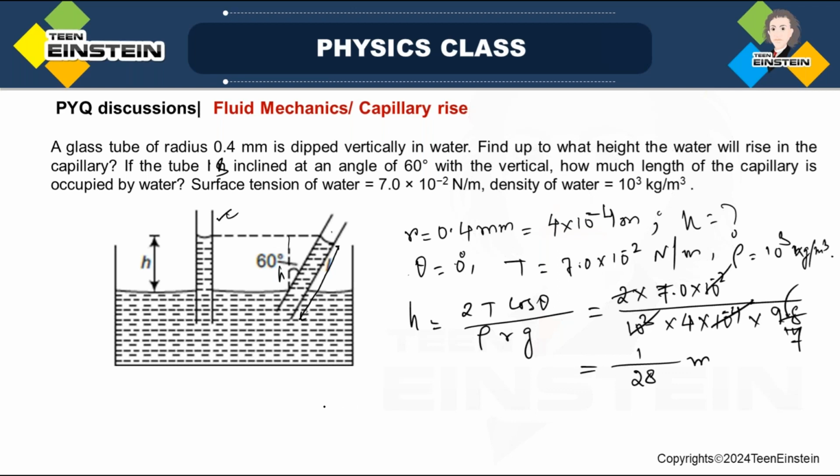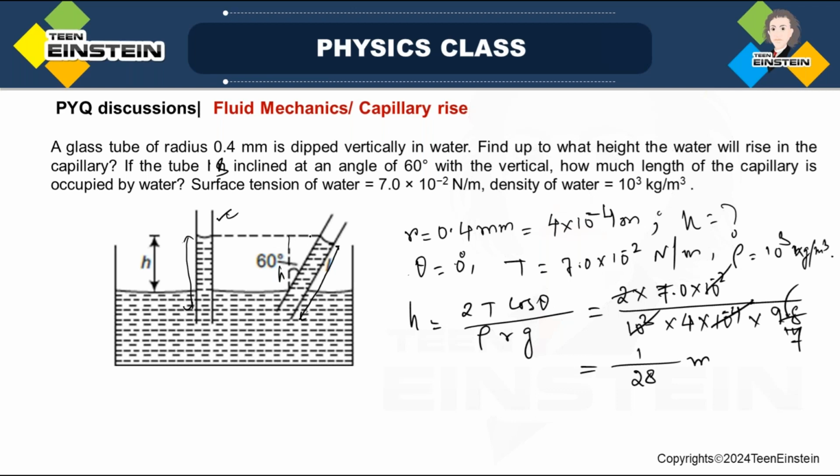What is different is that earlier this much was filled with water. Now if you tilt it, the liquid may go up to here, but in such a way that the vertical height remains the same.